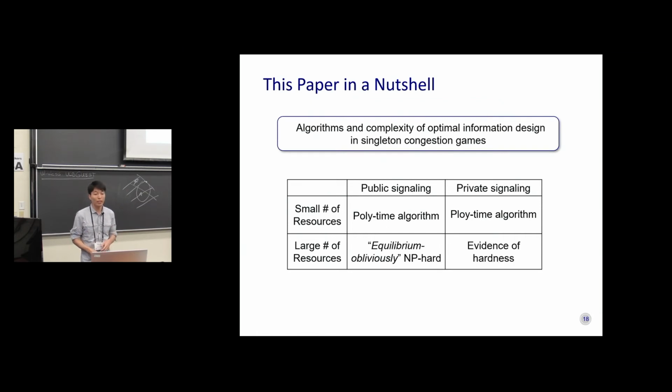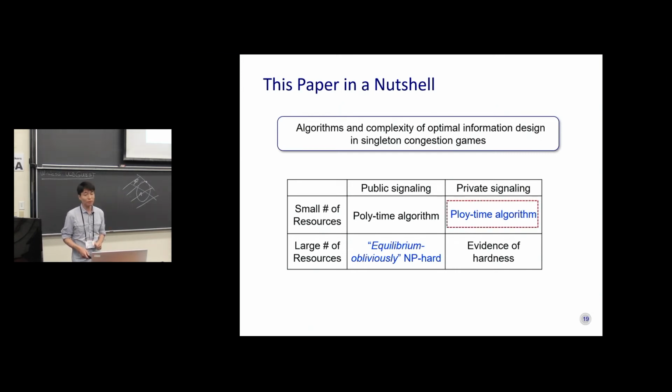But when the number of resources becomes large, we show that both are hard. In particular, public signaling is equilibrium-obliviously NP-hard, which is a new notion we introduced to capture the hardness of signaling when your game has multiple equilibria. So for the rest of the time, I'll quickly go through these two results.